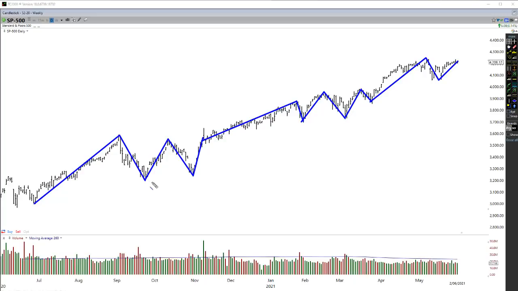So as you can see, this whole time, if you've been trying to call a top in the markets, it has been a gamble, and you've been hoping and wishing. But this whole time, we've continued to make these higher lows in the markets, and here's just another higher low. We ran up, we pulled back, and then away we go.